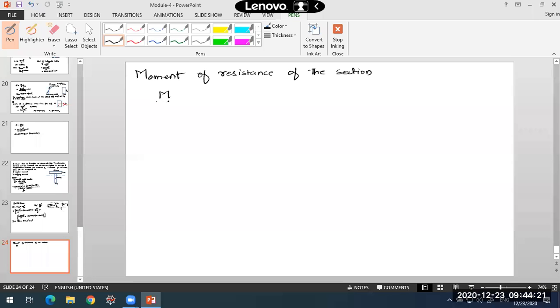For that, I'll be using the flexural formula itself. M by I is equal to sigma by y. Now what we are interested in is this M value. So M will come out to be sigma by y into I. Now we have the I value which we have determined. Why we can use it, sir?